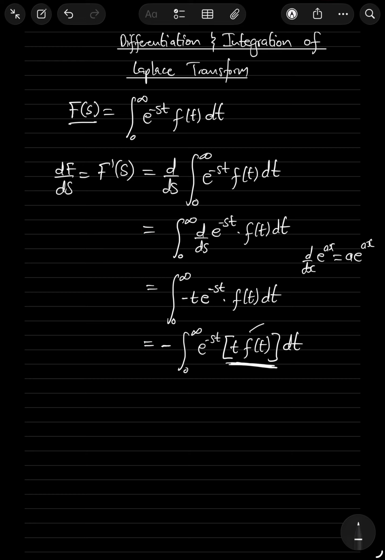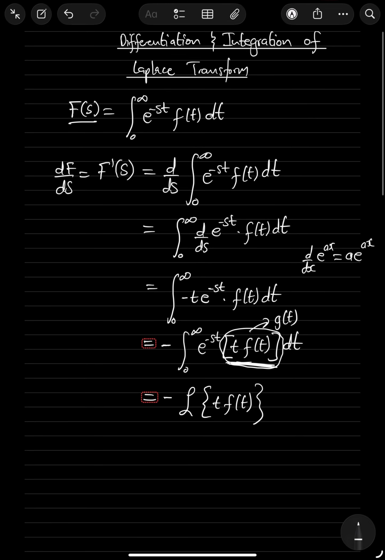If I say whatever is in the square bracket is g(t), then this is the same thing as finding the Laplace of g(t). Remember, it's negative, so this is going to be the Laplace of whatever is in the square bracket, which is t f(t), right? So we're saying this is equal to F'(s).